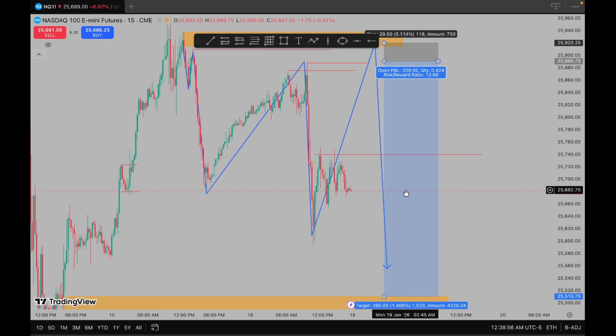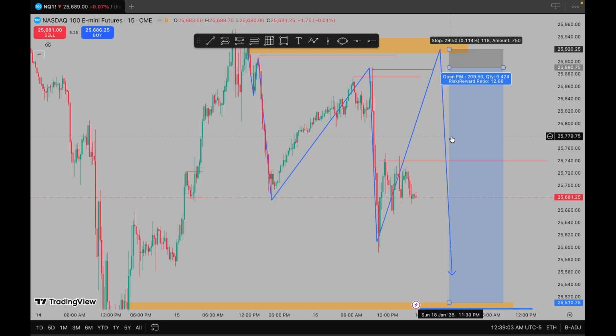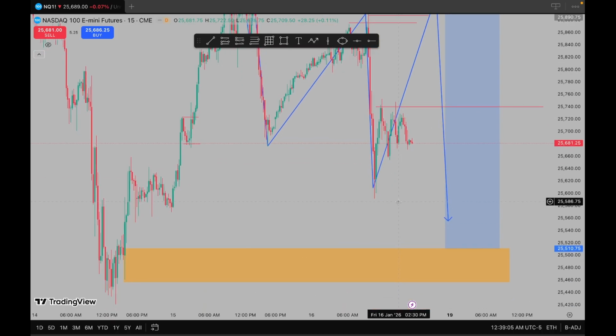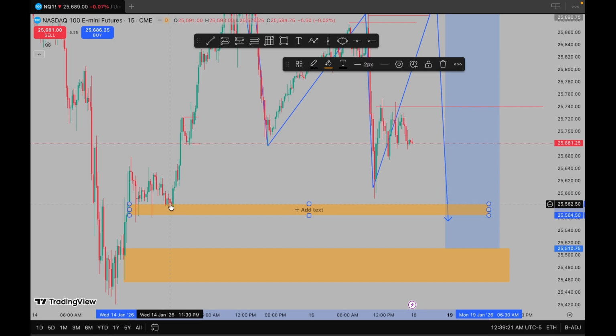If this actually happened and the market touches this and then rejects heavy off of it, I'm not going to say guaranteed, but it's a really high probability that we would go for these zones. Because this is a strong supply zone, and this is a strong demand zone too. So you could look to take profit here, because this is an unfulfilled area of demand.